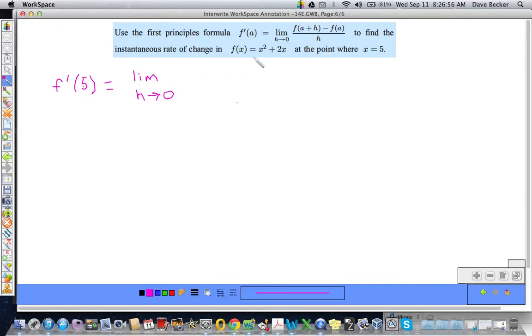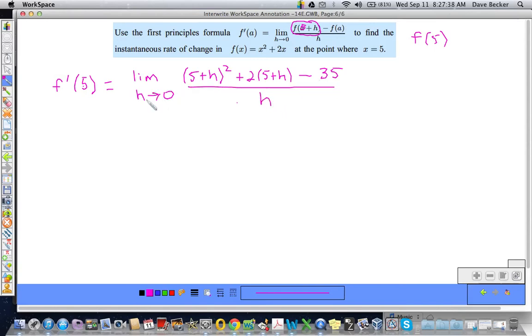So this becomes 5 plus h squared plus 2 times 5 plus h. Now I have taken care of this part of the formula. Minus f of 5. Well, what is f of 5? f of 5 is 5 squared, 25, plus 2 times 5 is 10. So that's 35, all over h.